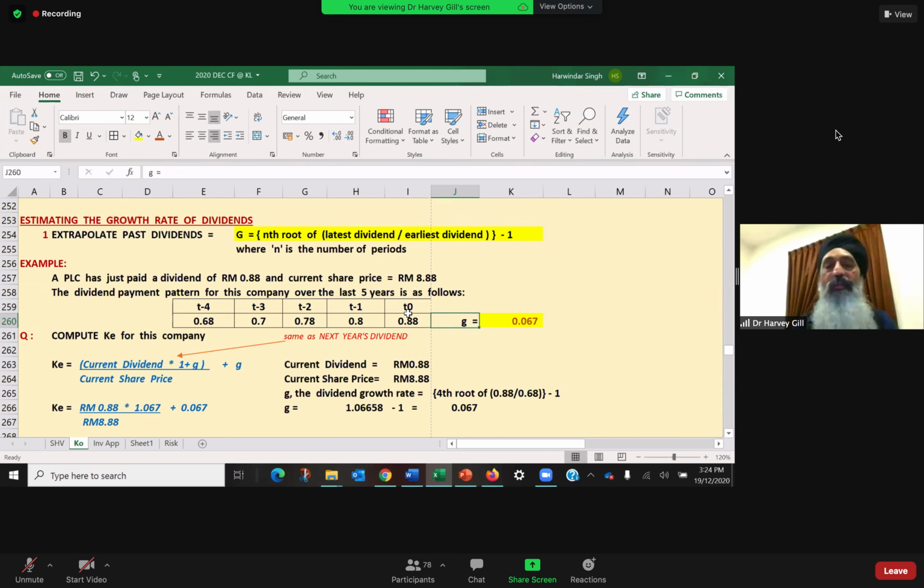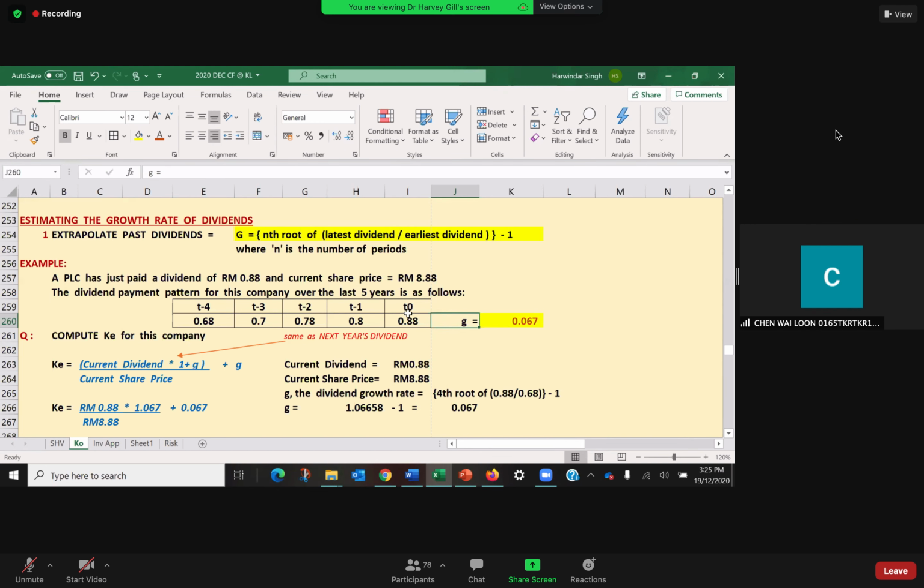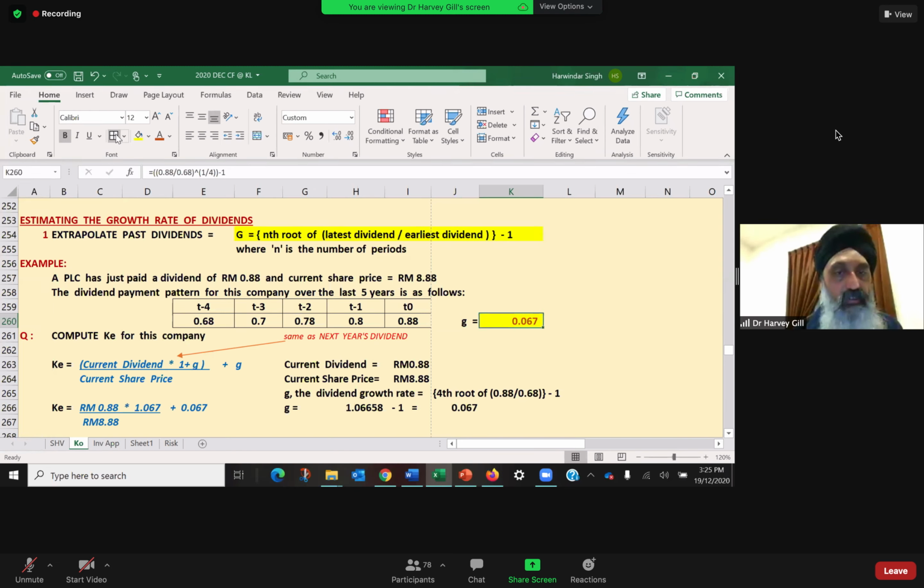So normally you will be using to the power of 1/4. Or if you have a scientific calculator, you can put there root 4. Yeah, if you want. Thank you, Doctor. Any other question? All okay with G, yeah?